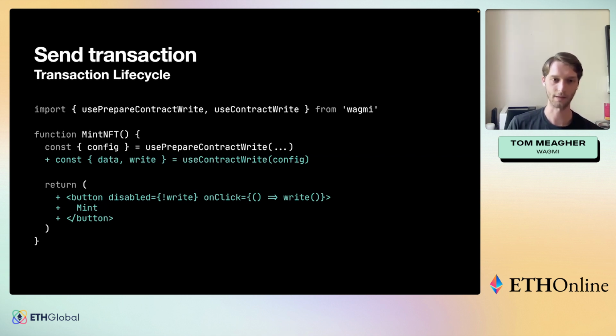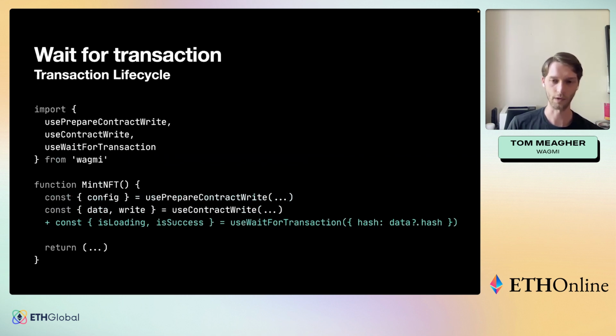And then as it relates to waiting for the transaction to confirm, what you can do is use the useWaitForTransaction hook, and it takes a hash from useContractWrite's data. And then you can use isLoading and isSuccess flags, along with some additional information that isn't pictured here, to show some different states to users of your application.